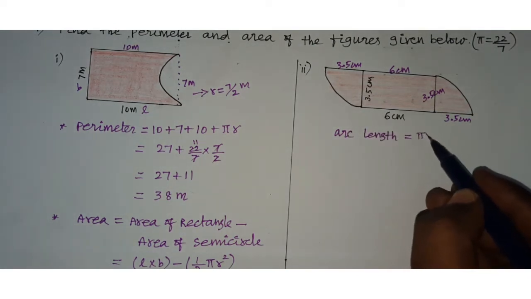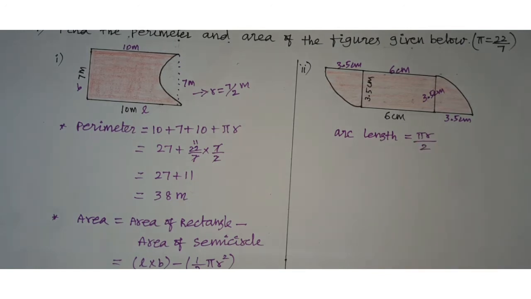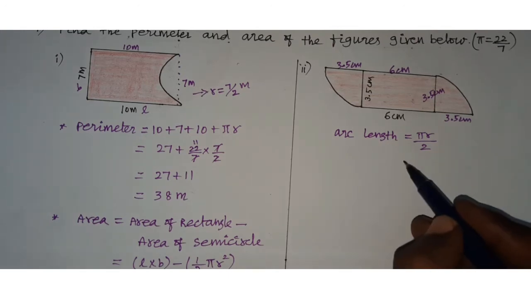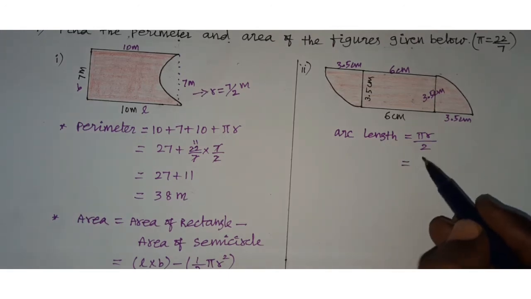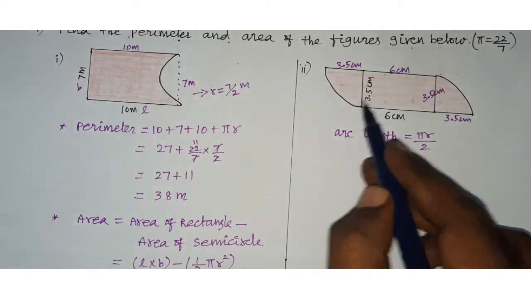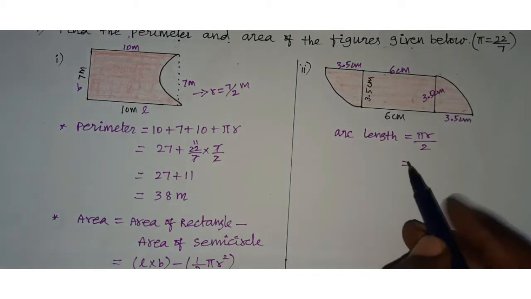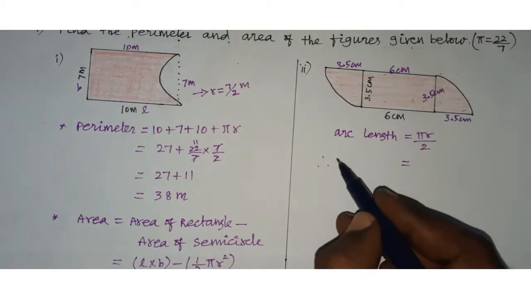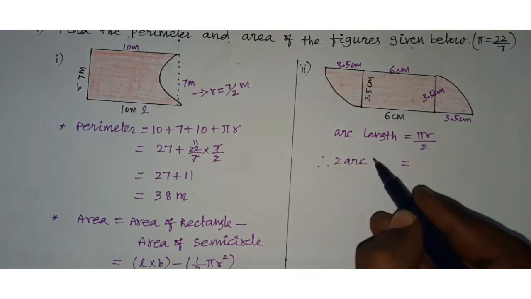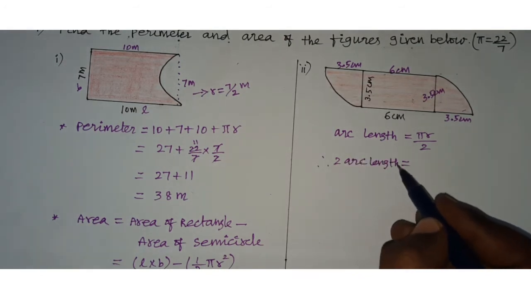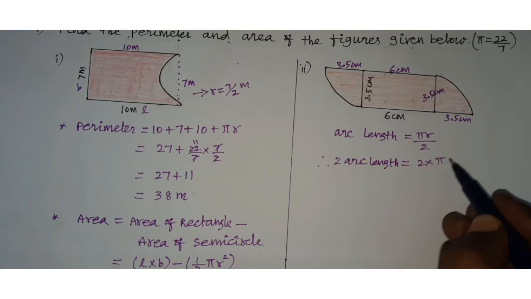So pi r by 2. The formula explanation I told: full circle 2 pi r, semicircle arc length pi r, and quadrant arc length pi r by 2. Okay. So pi r by 2. Here how many arc lengths? This one and this one. 2 arc lengths. Therefore 2 arc lengths equal 2 into pi r by 2.